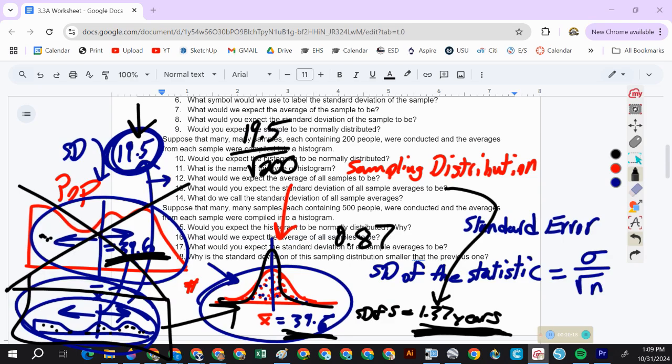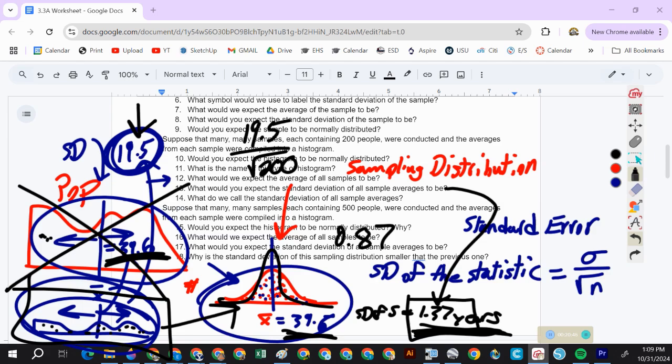Okay, let me see. I'm going to go back a couple chapters and see if this makes sense. So don't go ahead yet. If we only talk to 200 people, then our uncertainty is 1.37 years, which means 68% of all samples will be up 1.37 years or down 1.37 years.